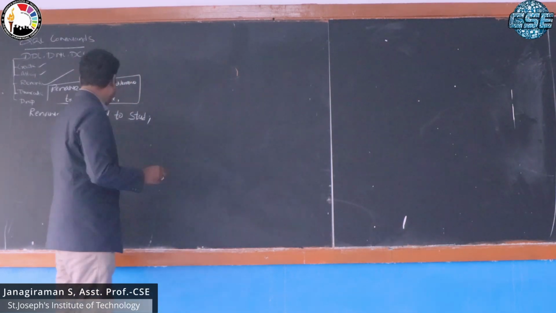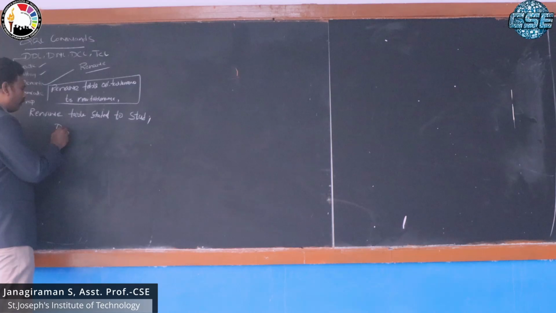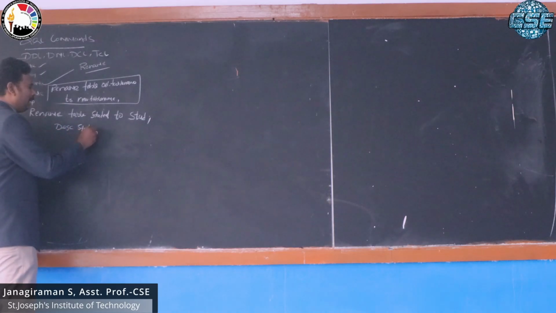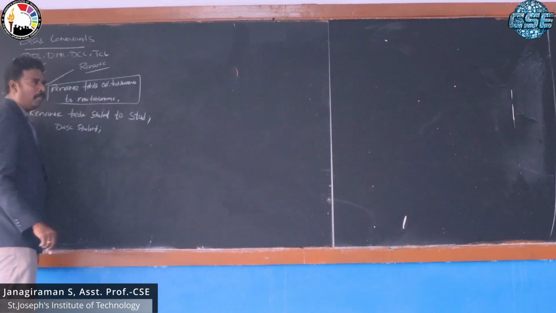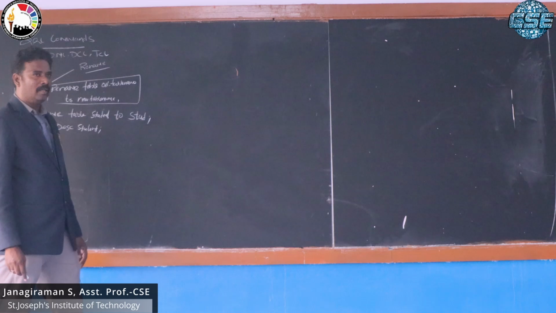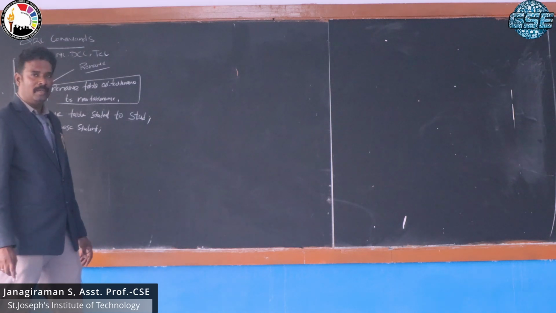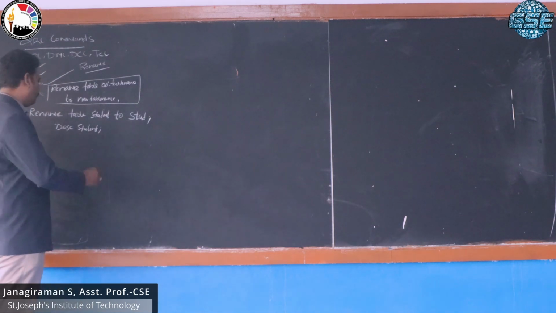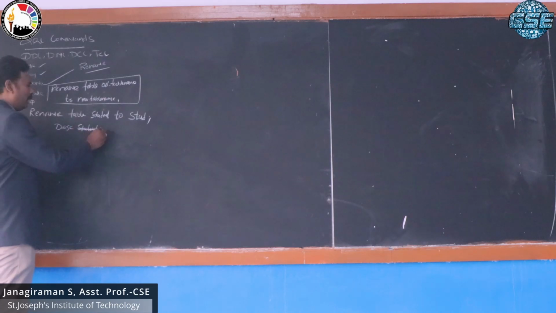Suppose you give DESC STUDENT, probably it will show you an error like there is no such object available. So instead of student, you should replace that with STUD.